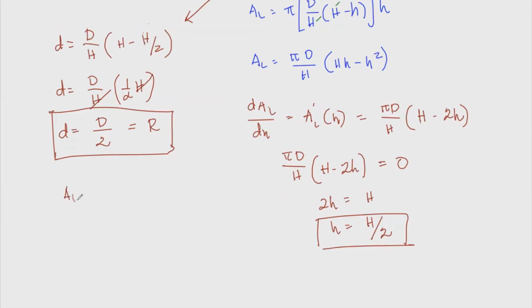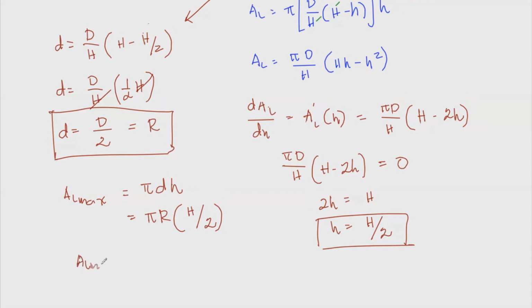Now for the maximum lateral area, we know that it's always pi d h. So upon substitution with our values, which are represented as constants with respect to capital H and capital D, the dimensions of the cone, we have pi, and then d here is actually the radius, and then H would be the height of the cone, divided by 2.